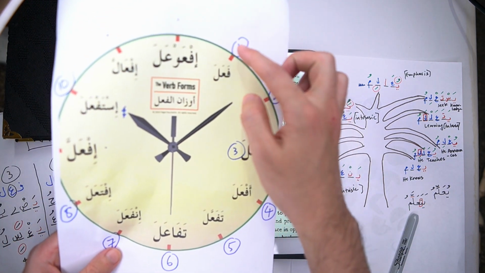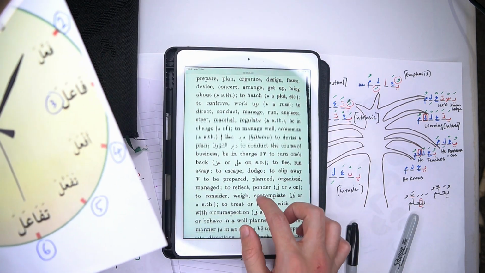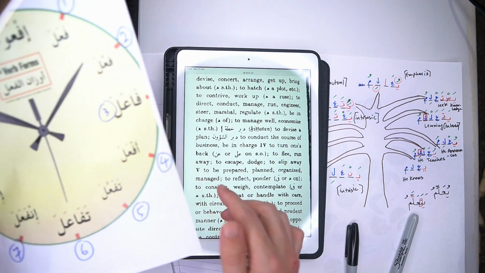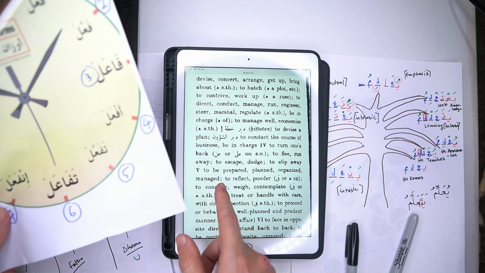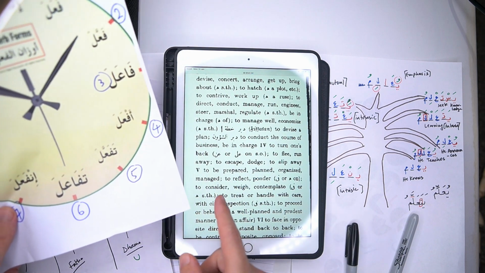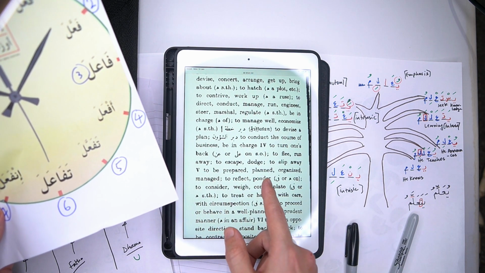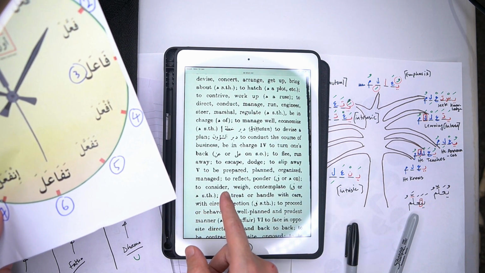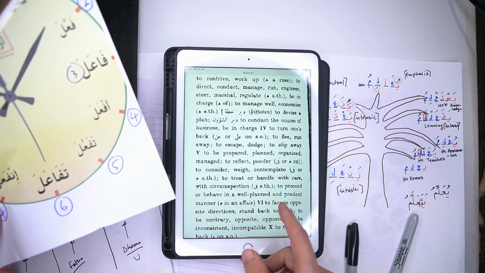So far you've got 1, 2, and 4. You notice there's no 3. Okay, number V. V is, like we said, 5. Tafa'ala, tadabbara. To be prepared, planned, organized, managed, to reflect, ponder, tadabbur of the Quran, to treat or handle.